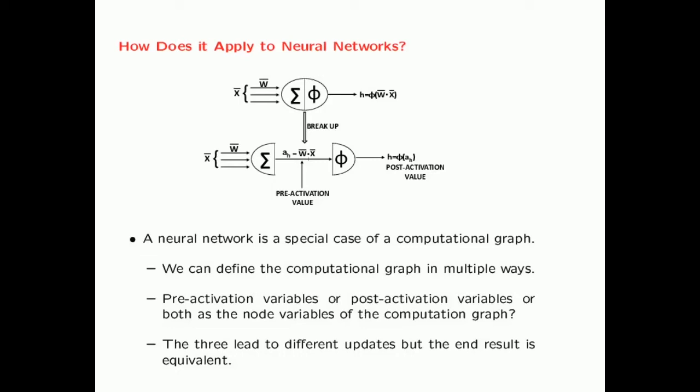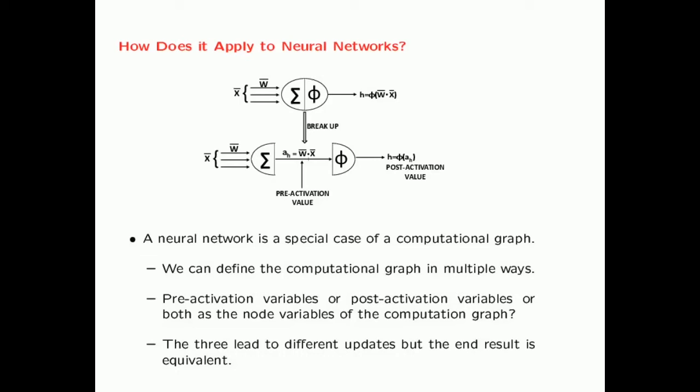That is the value after you perform the linear transformation but before you apply the activation function. That is below, you can see the AH I have shown. That's your pre-activation value. Or you can even have both variables. So you can create a computational graph which has both the pre-activation variable and the post-activation variables. And you can use that in order to use the dynamic programming update.